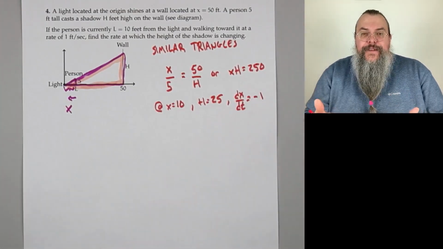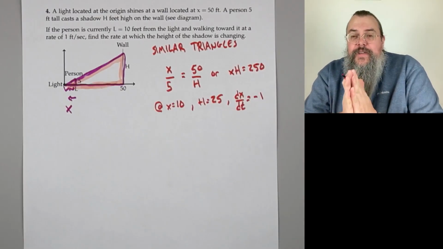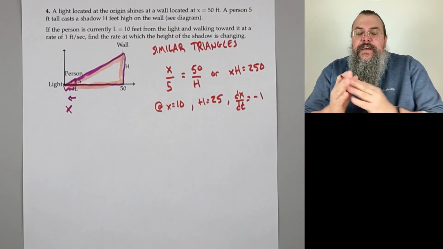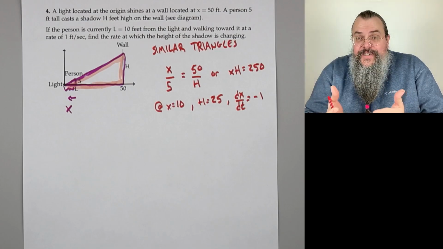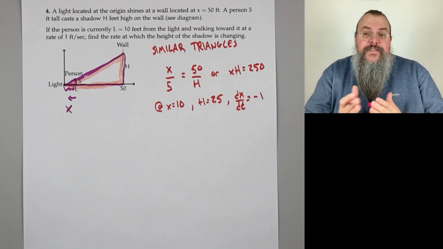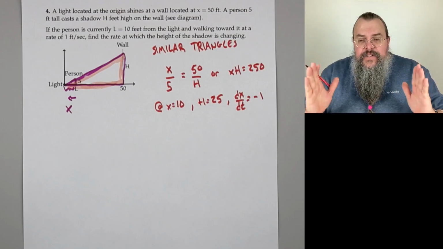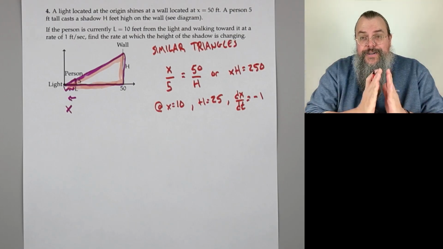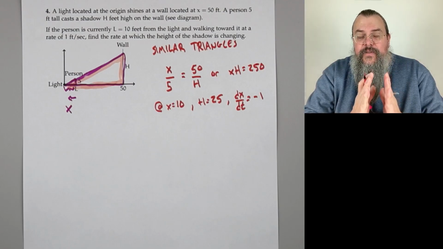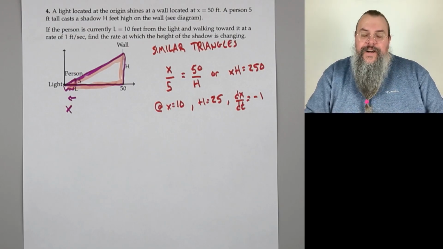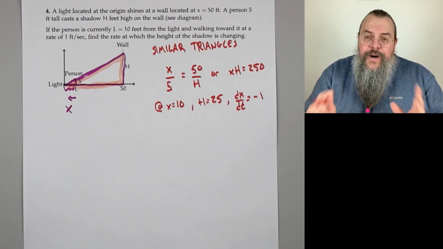Now, why minus 1? Well, when we talk about derivatives, it has direction. In other words, the sign means something. We're walking towards the light, so that distance is getting shorter, so it should have a negative value for the rate of change. All right, good.